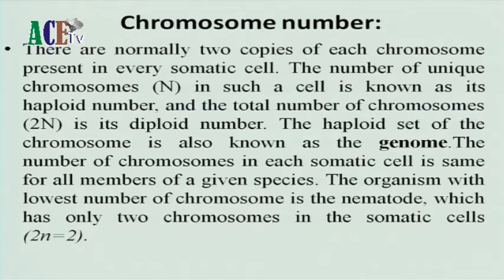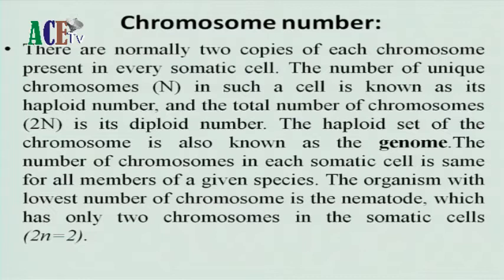Now, let's look at chromosome number. You have 2 copies of each present in somatic cells. I explained to us that somatic cells are the body cells, and you can also call them autosomes. The number of unique chromosomes in each cell is called the haploid number.